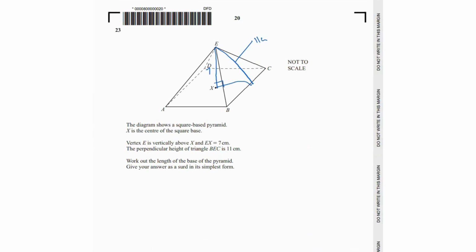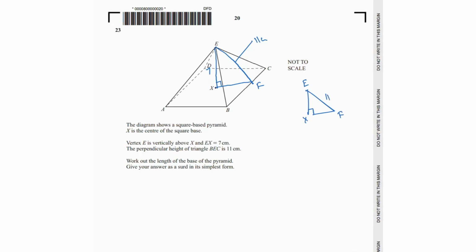So if you notice, this is a right angle triangle, which I've drawn very badly. Let me just redraw it, yep, that looks better. So this is your right angle triangle, E, X, and I'm going to call this F. So this is 11.